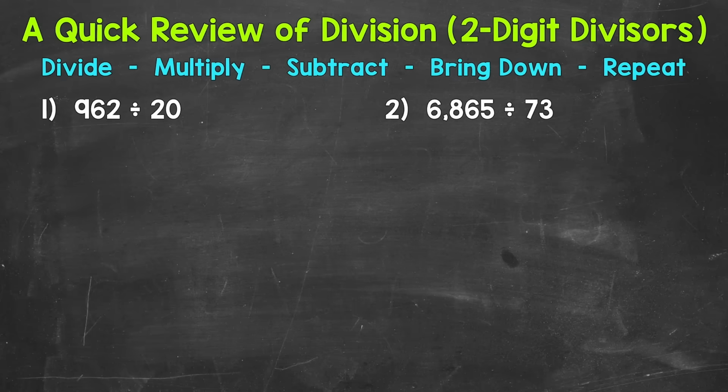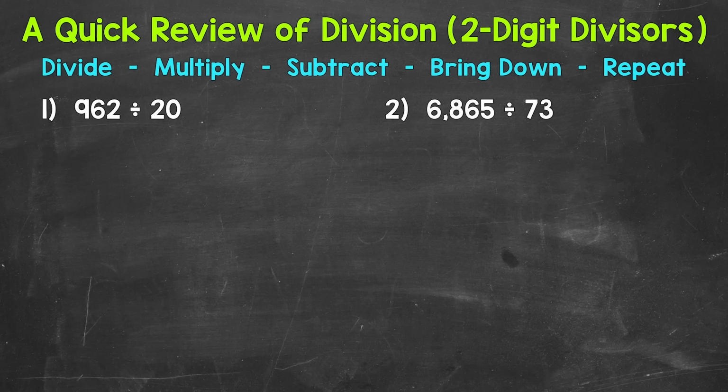So here are our examples of dividing by a 2-digit divisor. Let's jump into number 1, where we have 962 divided by 20. The first thing that we're going to do is set this up. 962 is the number we are dividing. It's called the dividend. So it goes under the division bar.